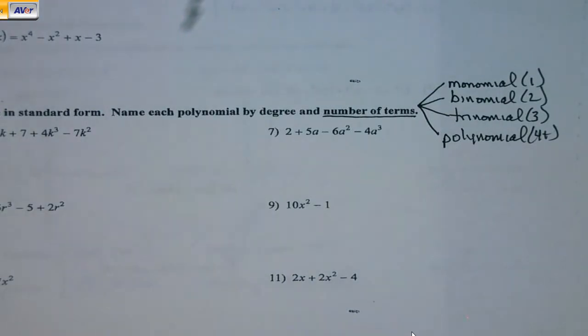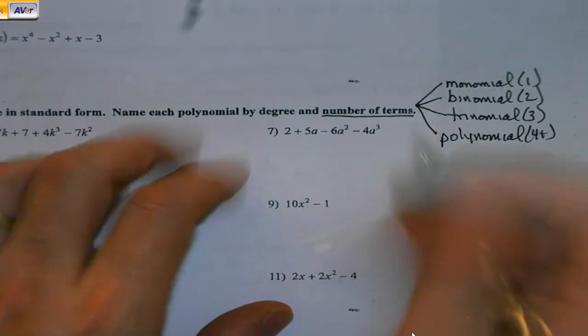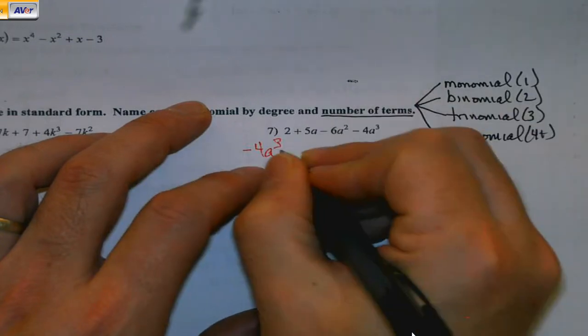So what you're being asked to do in this section is put them in order from greatest to least degree and then figure out these names. So for instance, if I look at number 7, the largest degree I see is 3.